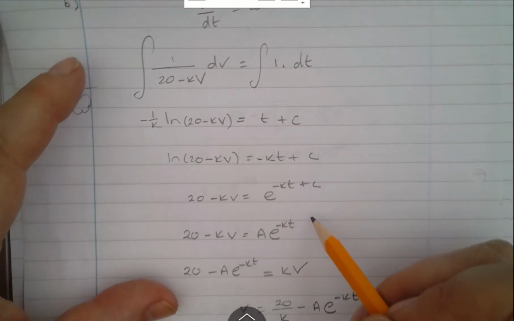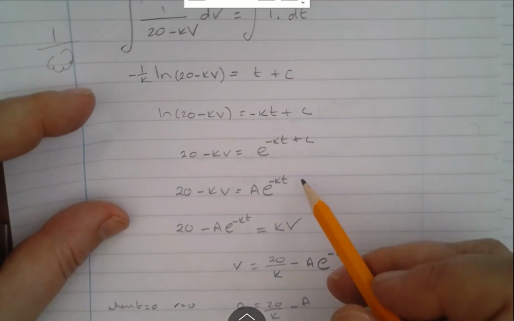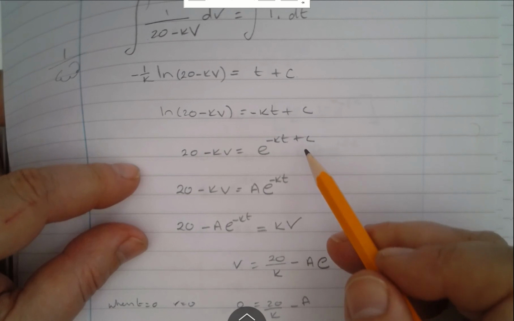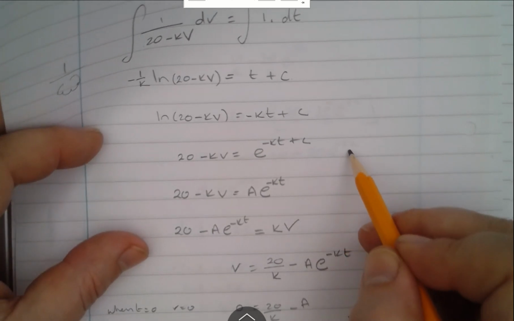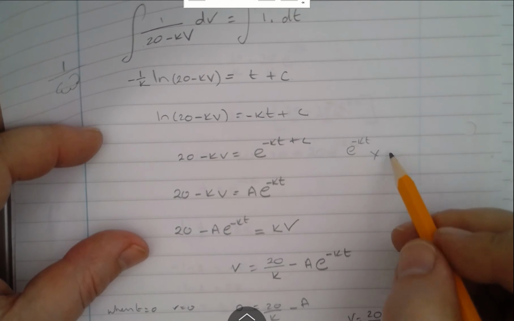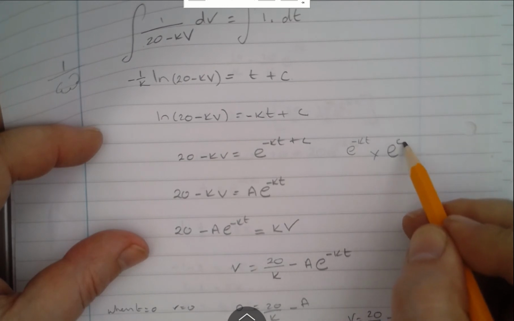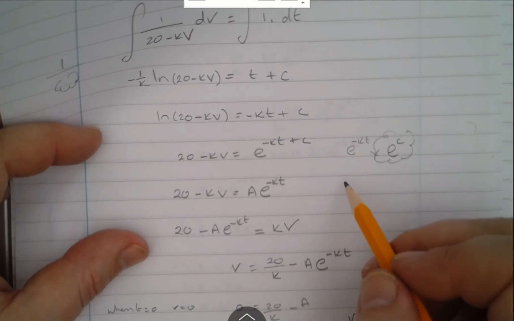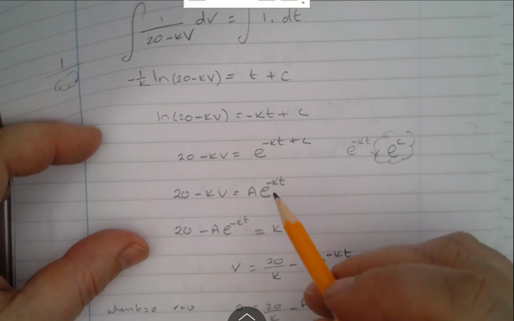Now you might remember the two complications with this is when we end up with a constant in the e, we call it a, because it can be written as e to the minus kt times e to the c, and this thing gets called a. Now it's confusing because in the question they use a and b, and the a in the question is not this a here.